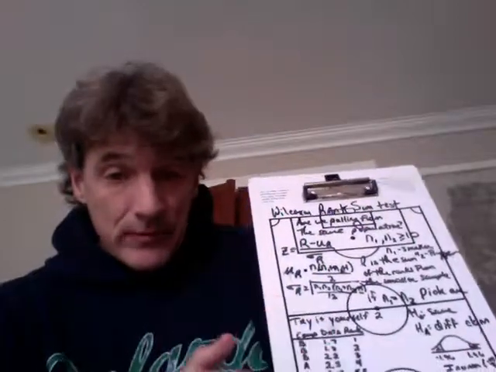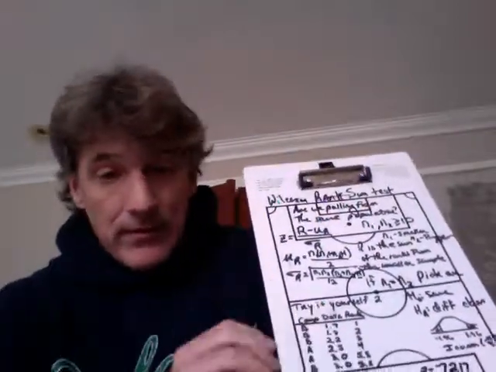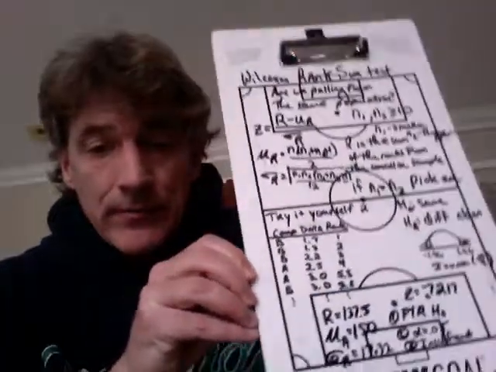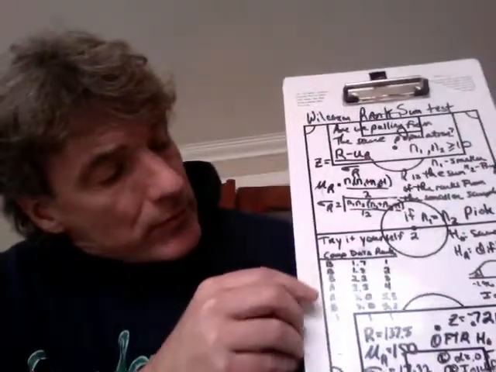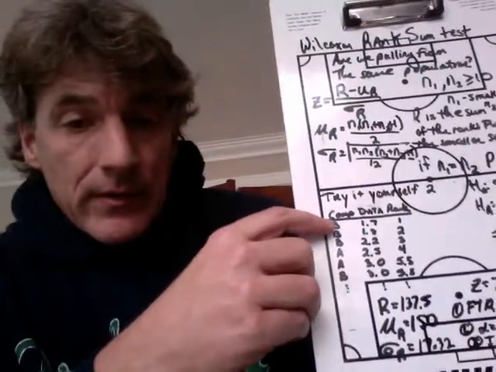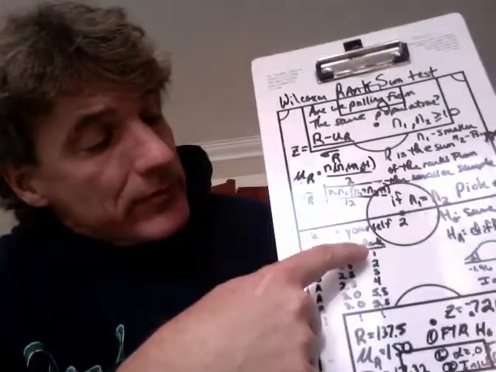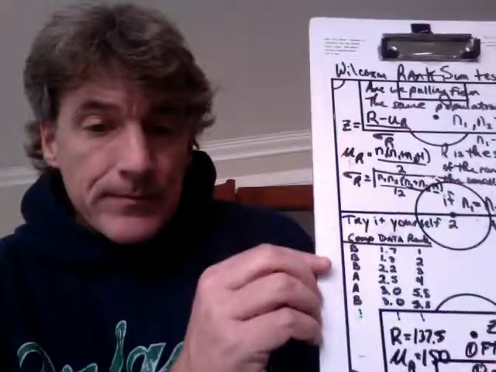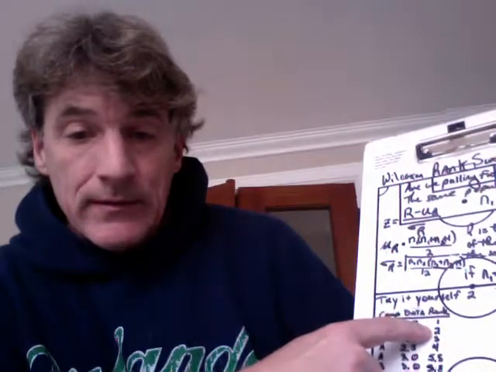Now I didn't do all of them on this sheet on the soccer field whiteboard, but I did do a couple. The first one would be from company B, and that was a data point of 1.7, my lowest value. And then from company B was 1.8. That was my second.